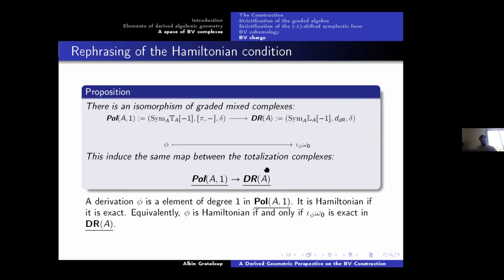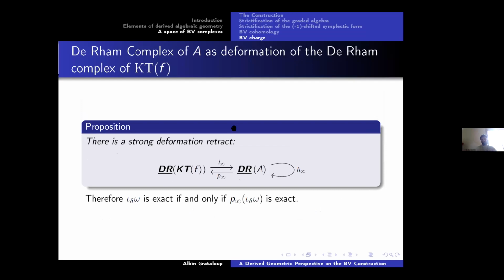And it's actually a bit simpler in here because of this proposition saying that you can find a strong deformation retract between the total derived complex of A and the total derived complex of the Koszul-Tate resolution.